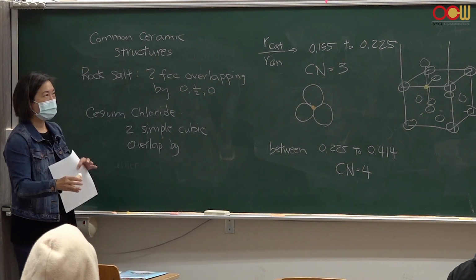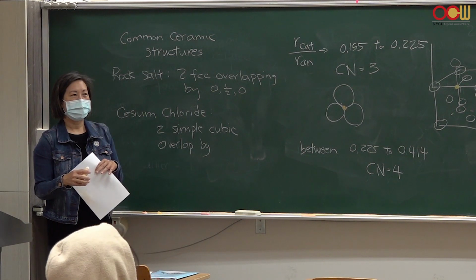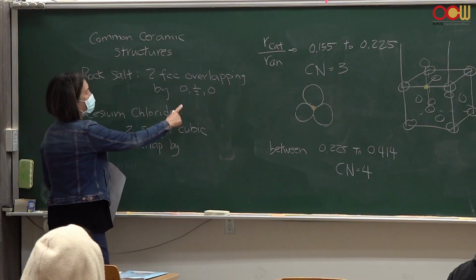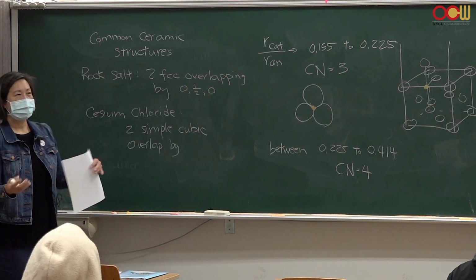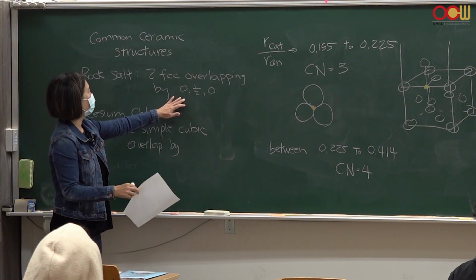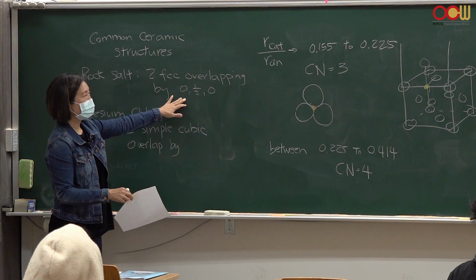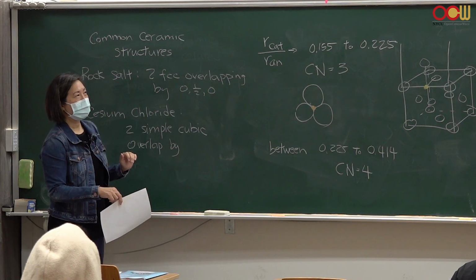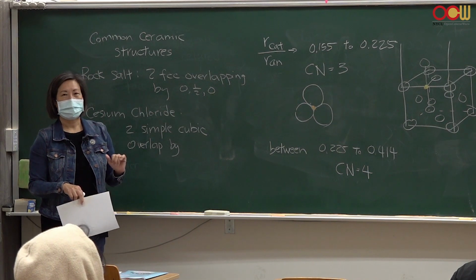What is the overlap? If you were to use the same nomenclature, the same way I described the FCC overlapping by 0, 1/2, 0, how does the cesium chloride simple cubic overlap?